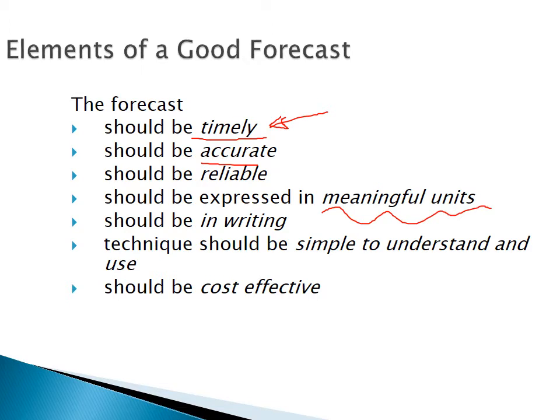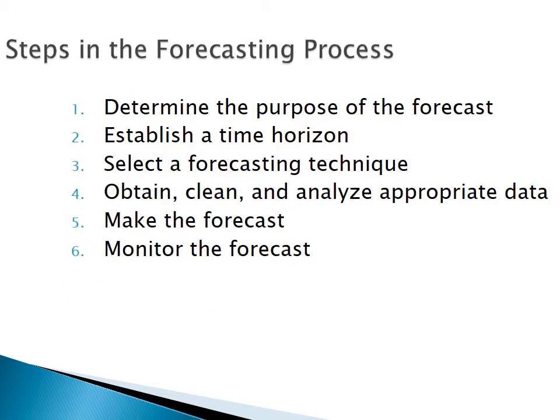It should be in writing, and we want some specific information like how many. It should also be cost effective. We cannot spend tons of money in making that forecast. It should be reasonably priced so that we can get some value out of it.